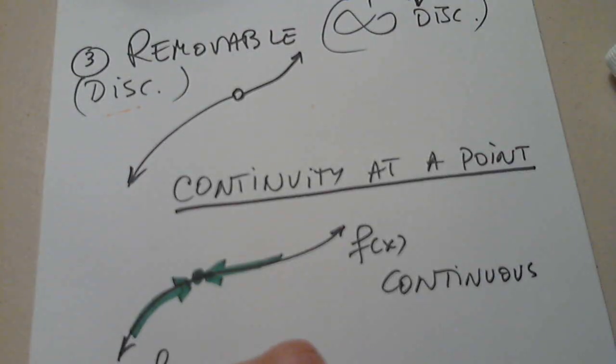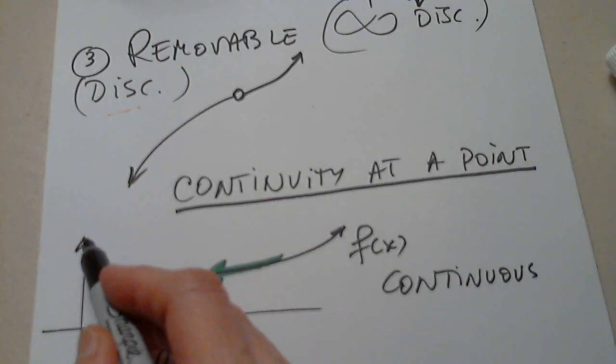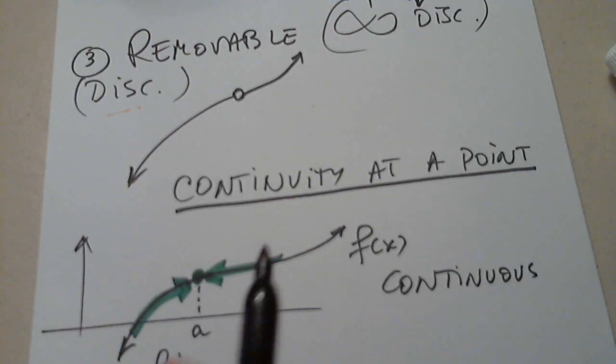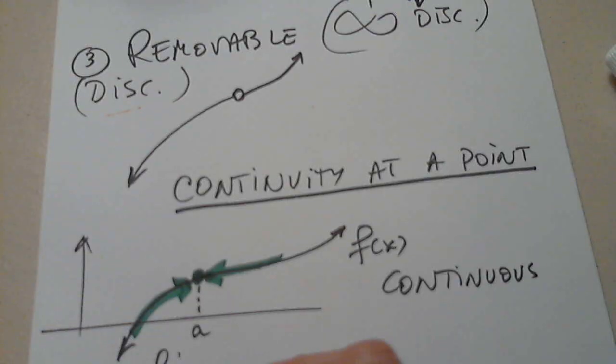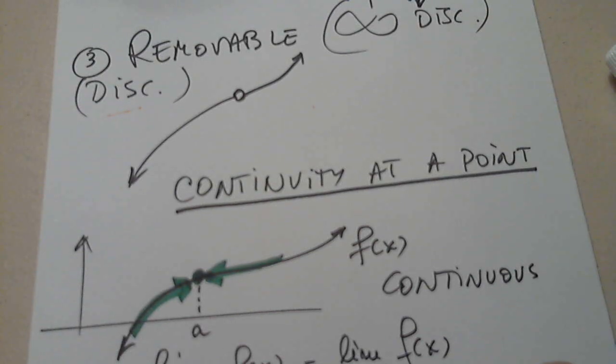Meaning, the limit as x approaches a from the left, a being that's the number a, of f of x equals the limit of f of x as x approaches a from the right, and must equal the function value at a.